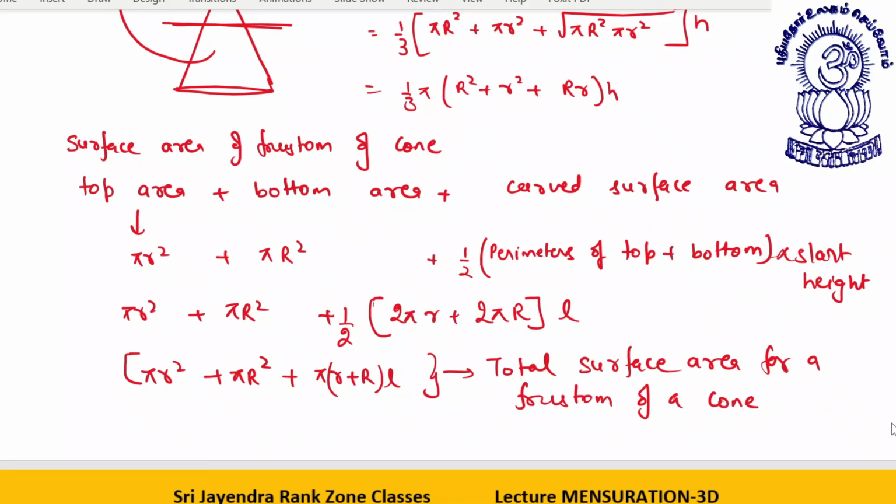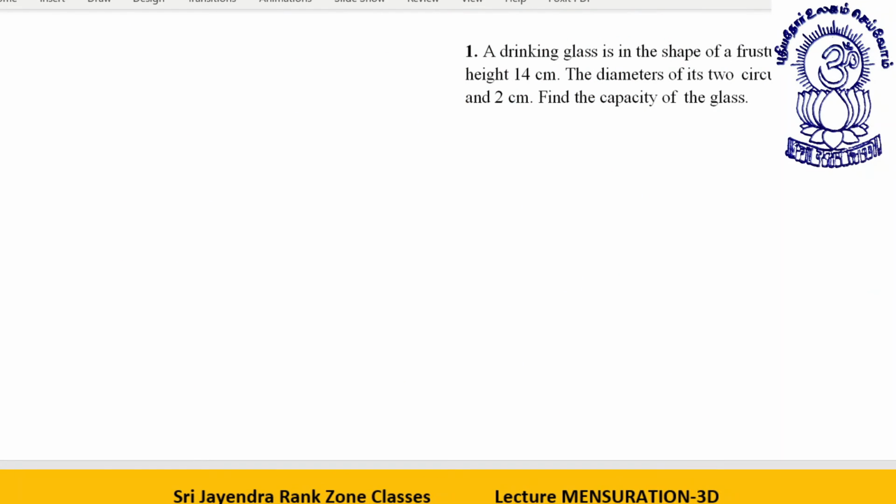Now we will start with the questions. Let's look at the first question. A drinking glass is in the shape of a frustum of a cone of height 14 centimeter. The diameters of its two circular ends are 4 and 2. Find the capacity of the glass. See, first of all, what is capital R? Capital R will be 4 by 2, that is 2.